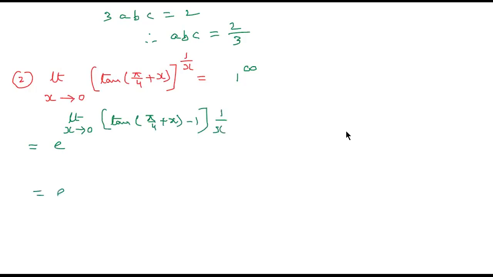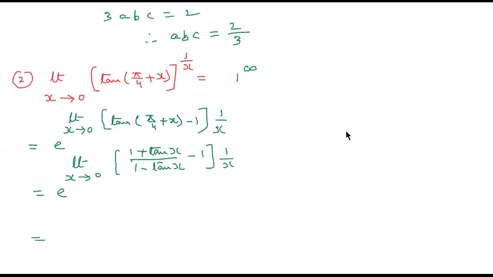Now e power limit x tends to 0, tan of (pi by 4 plus x). What is the formula? (1 plus tan x) divided by (1 minus tan x), minus 1, into 1 by x.